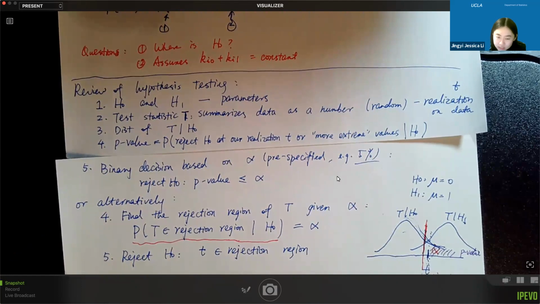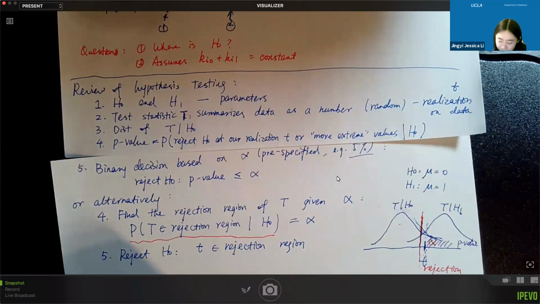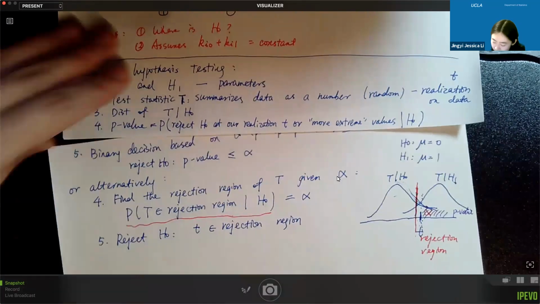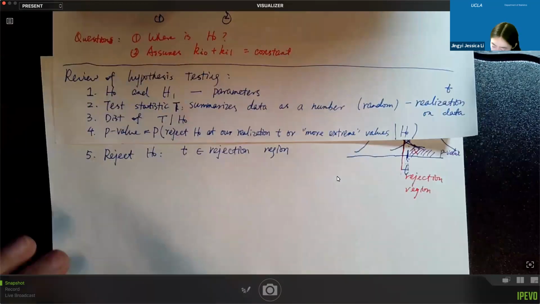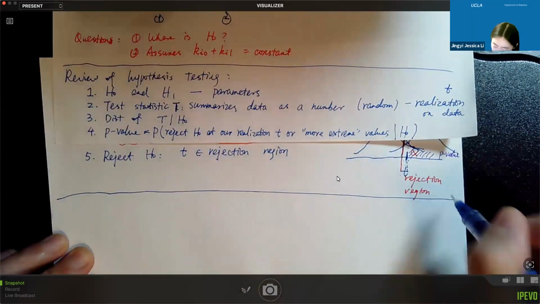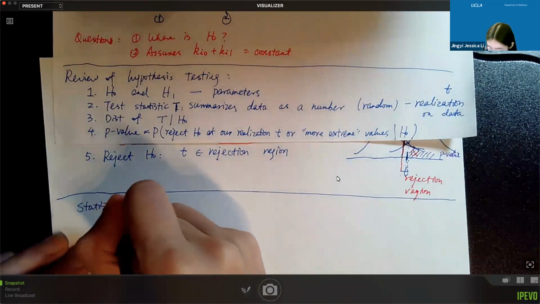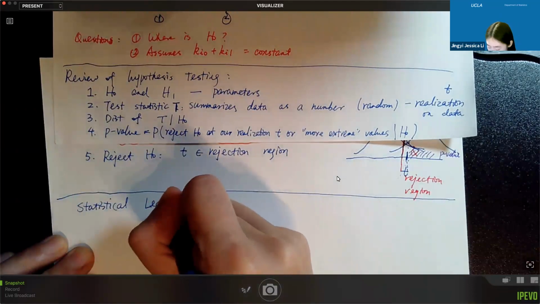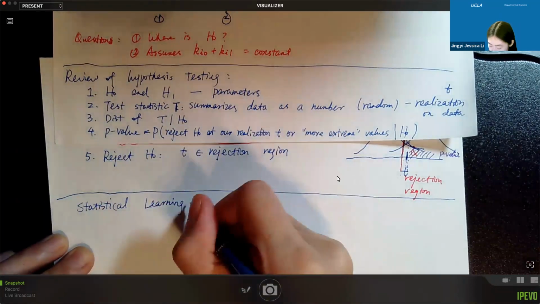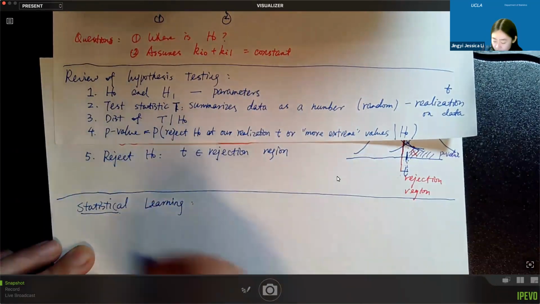Now the next topic I want to introduce is what we call statistical learning. Statistical learning is a very broad concept, and I think the term originated from machine learning. What's the difference between the two? We are changing machine to statistical.